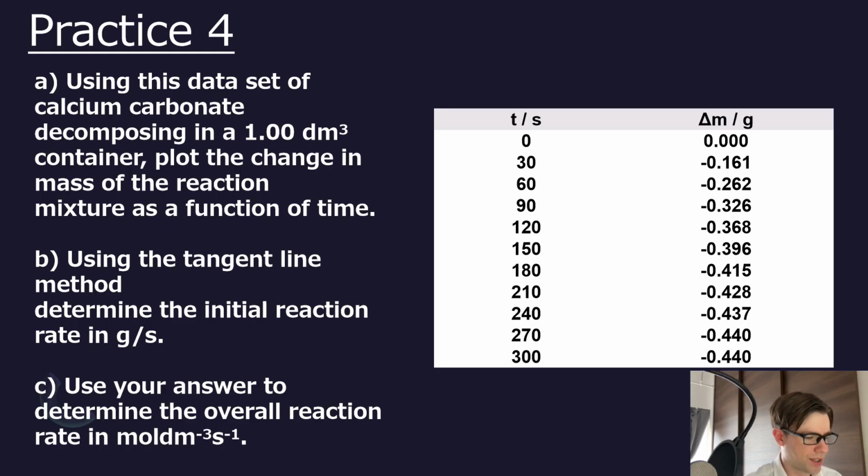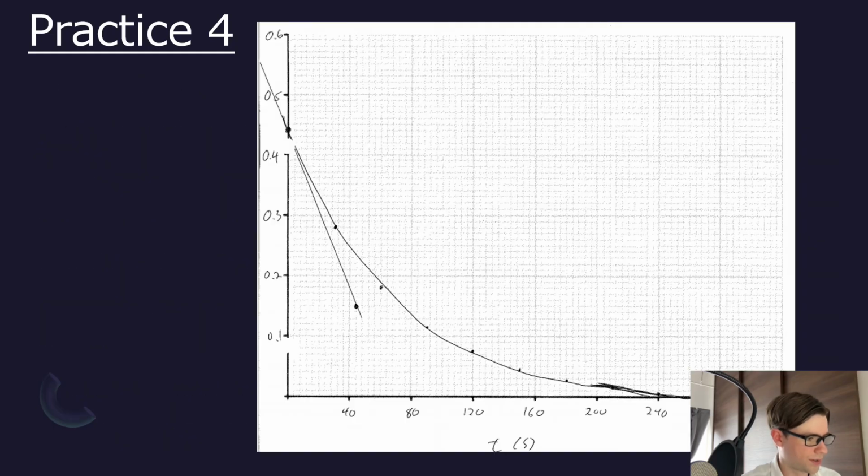I don't really like thinking of it that way, although I think you can just graph this how it is and get the answers to B and C. I'd rather realize that this must have started as a 0.440 gram sample and then just subtract these at each time point. So I'll graph it like this. I'll start at 0.440 and then have it decrease over time based on those delta M decreases at each time point. So this is what my graph of that data looks like.